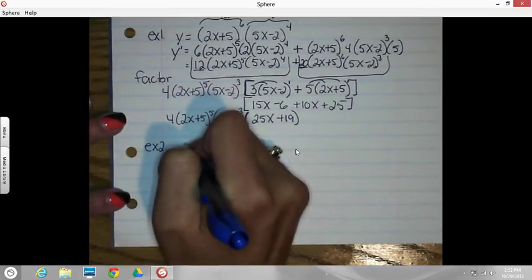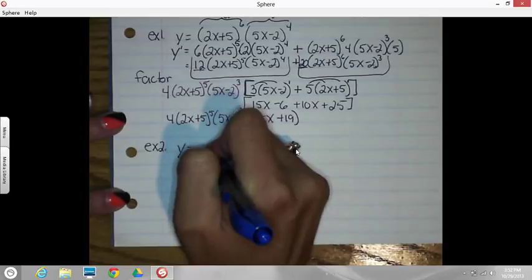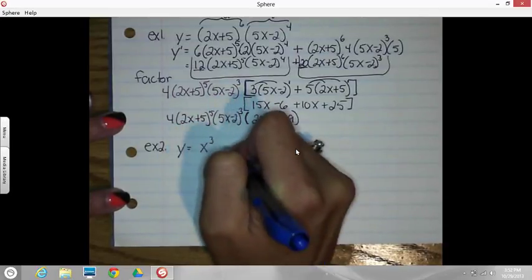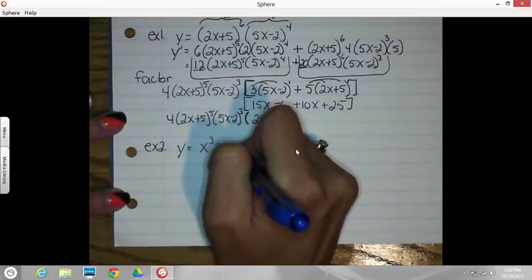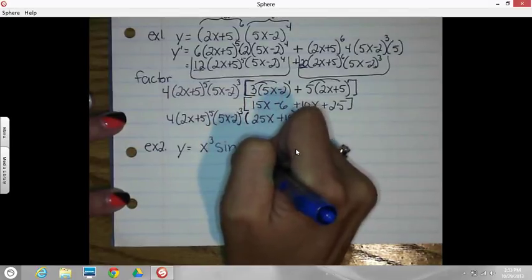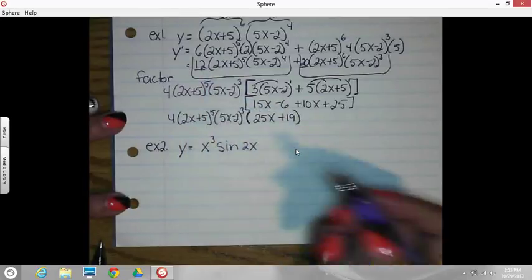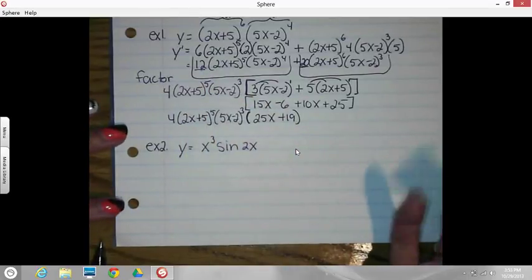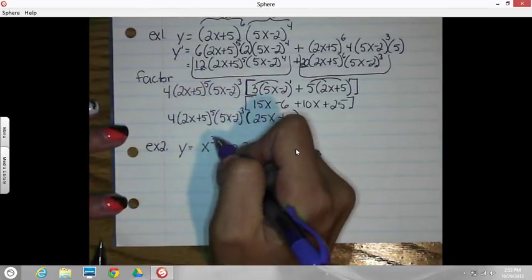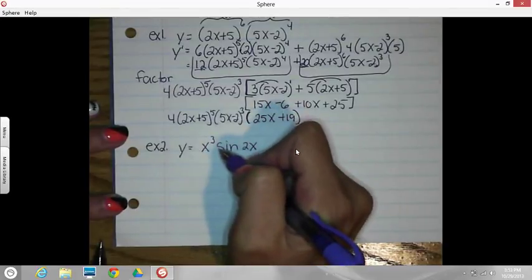We've got y equals x cubed times sine of 2x. Okay, this, you have to pick up on, well, what should I be doing? What rule? X cubed times the sine of 2x. So you've got a u times the v.